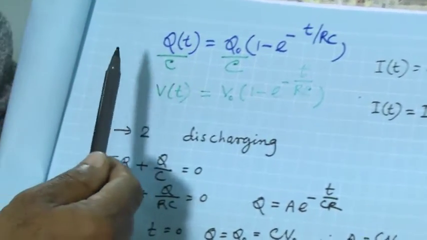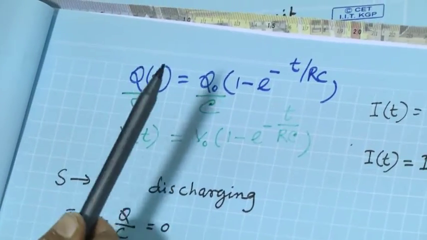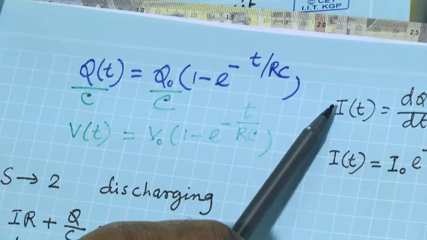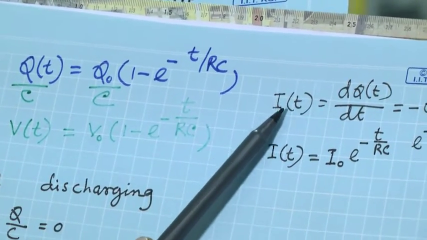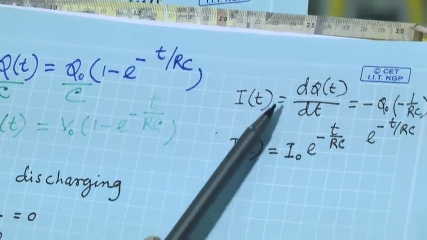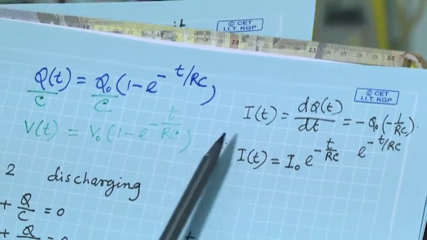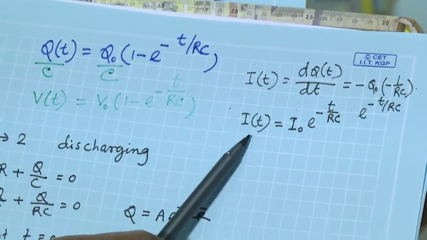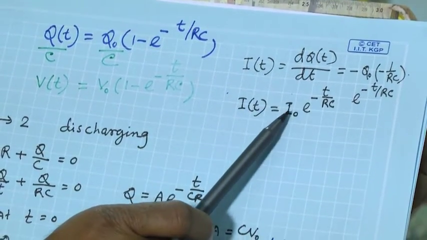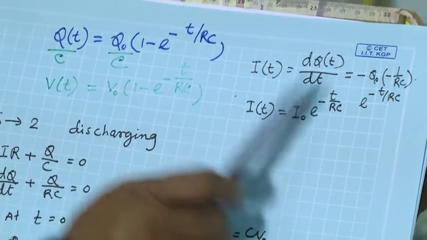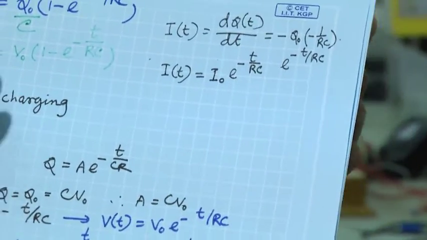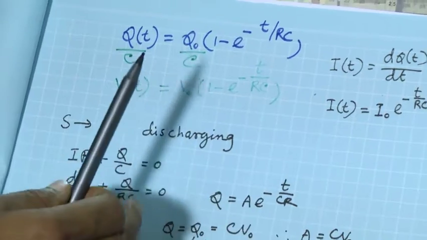And you can find the variation of current: I as a function of t will be dq by dt. If you differentiate, ultimately you get I(t) equal to I0 e to the power minus t by RC.